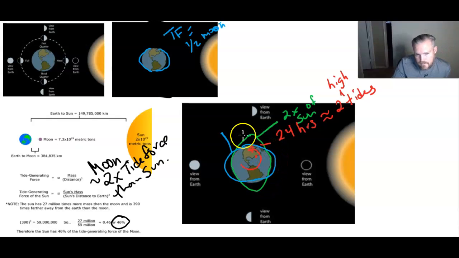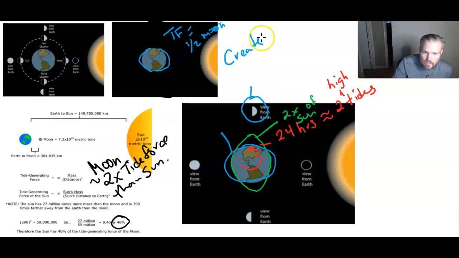This situation becomes important because when you have a quarter moon, which is the half moon, the quarter phase, that is going to create what are called neap tides.